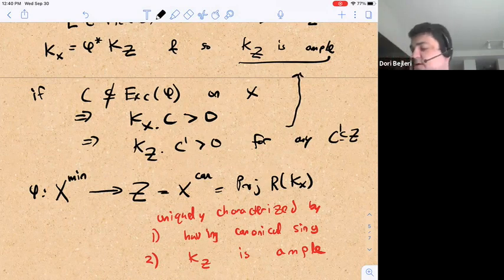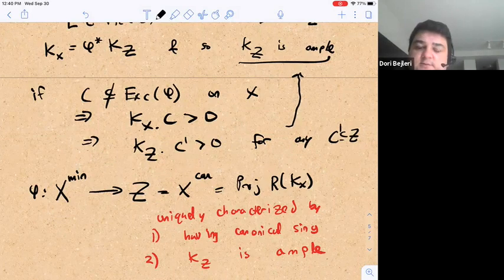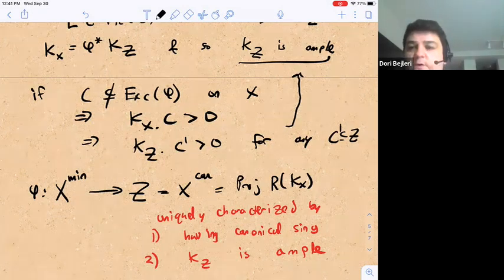And then from here, you can use this to classify these possible Z's by using the canonical to embed into projective space. So you have to do some more work to understand the canonical linear series when the canonical is actually ample, and that gives you embeddings into projective space. And then for any fixed class of Z, you can try to understand its canonical embedding, and then use that to understand the Z's.